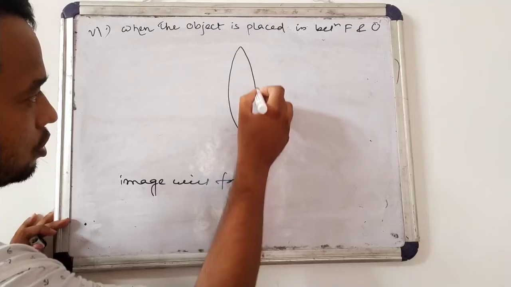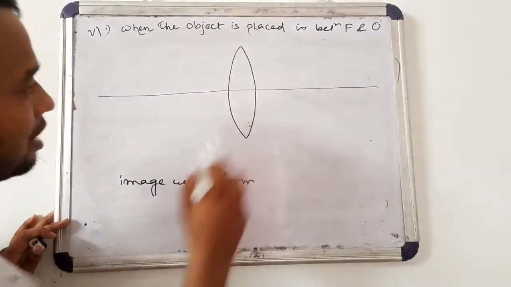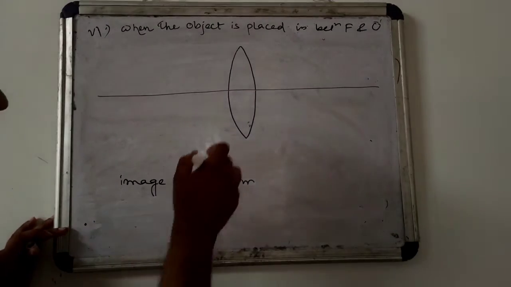This is the only position of an object in the convex lens where we can get a virtual image.